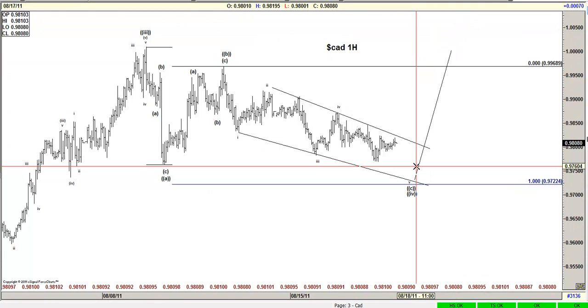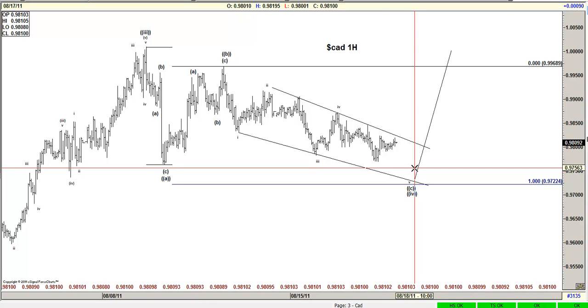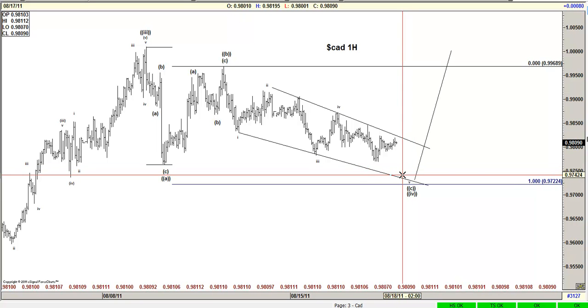This is bullish dollar, and that's what we're expecting, guys. We're expecting a bullish dollar pretty soon. So I believe that the next low on the dollar will be a bearish event, and from there we're going to see how the dollar gets strong.